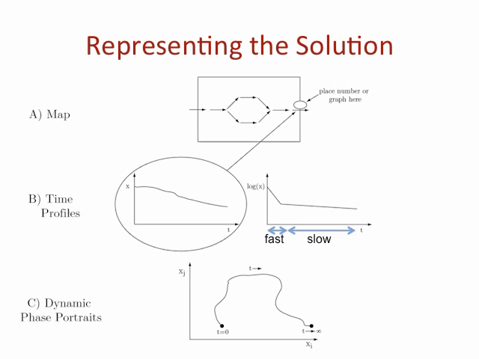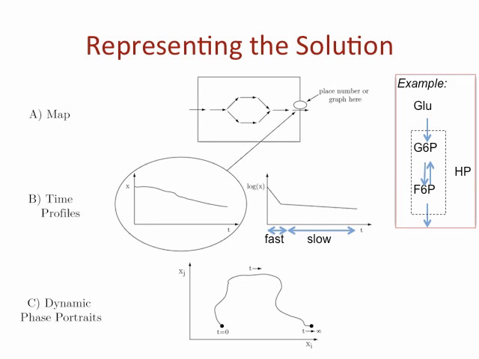Well, first there is a fast response followed by a slow response. And this is one reason for doing a log linear graph. And this, for instance, may represent the example we had earlier, where there is initially a rapid equilibration of the hexose phosphates into a pool, and then a slower dynamic that fills and drains that pool.